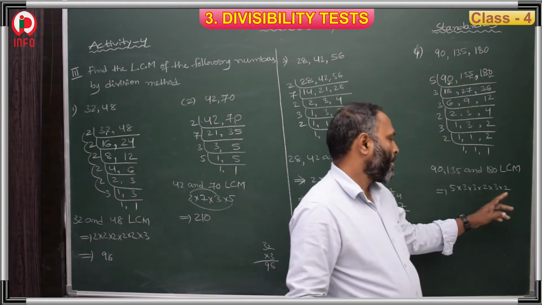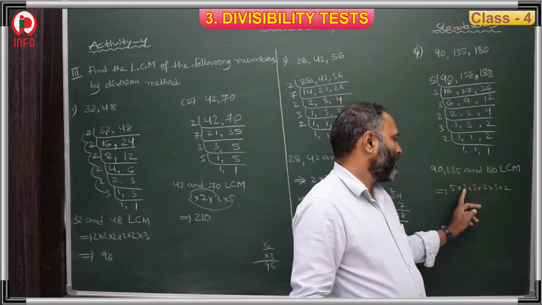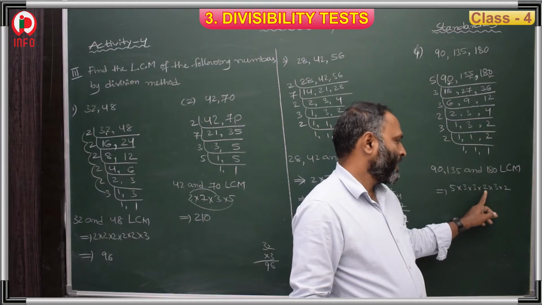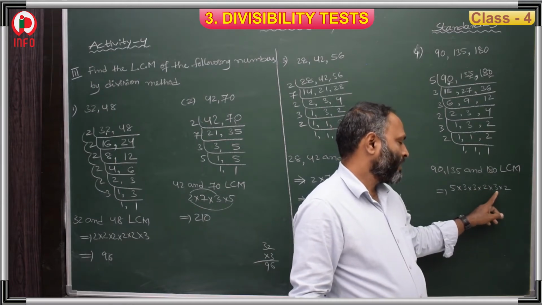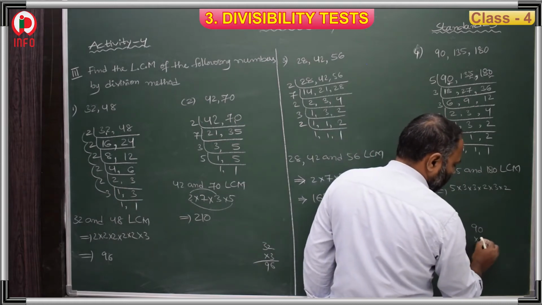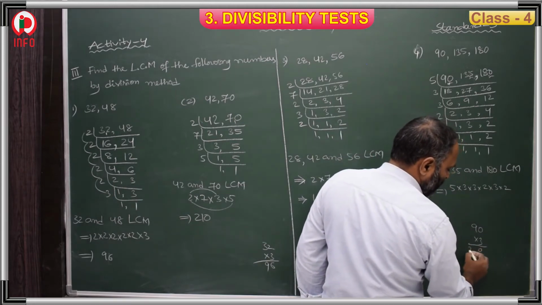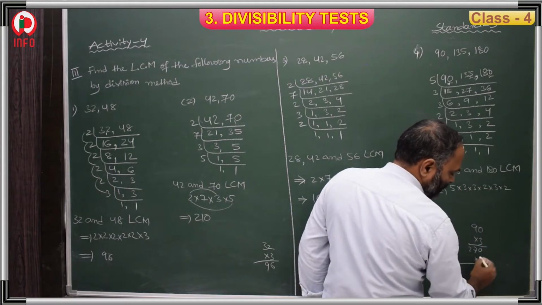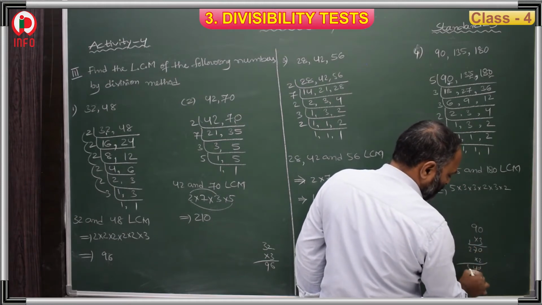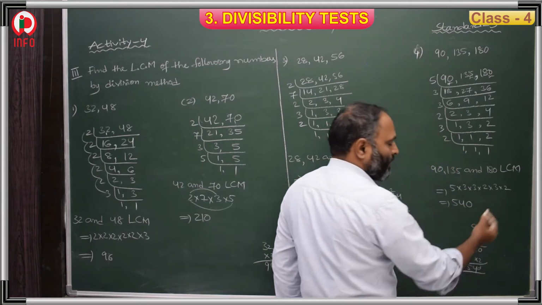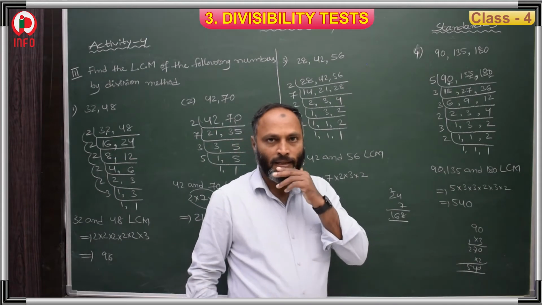Now multiply. 5 3s are 15, 15 3s are 45, 45 2s are 90, 90 3s are 270, 270 2s are 540. This is your LCM.